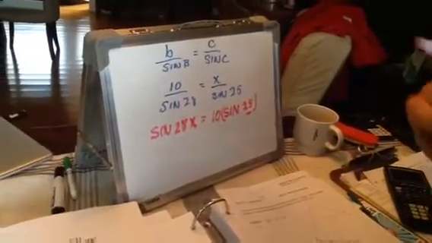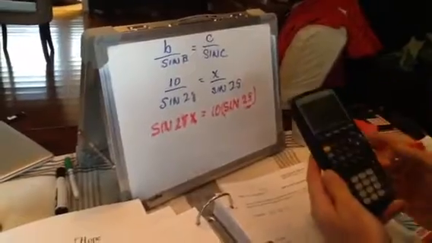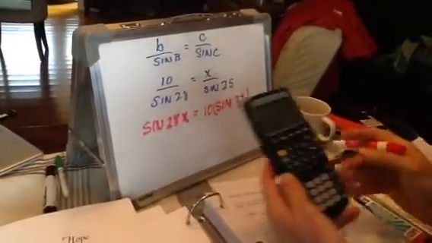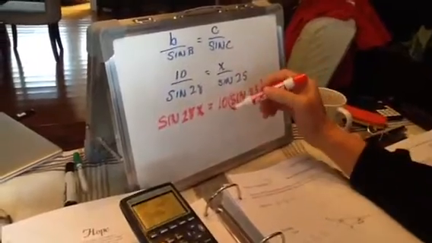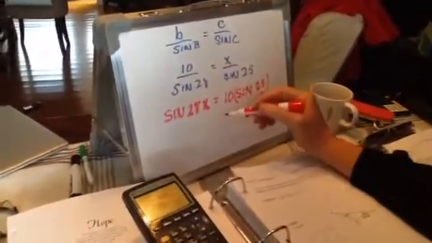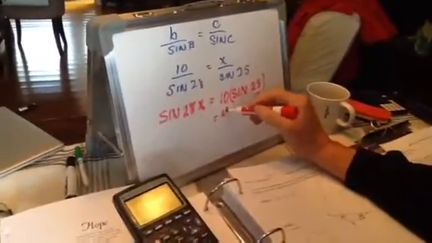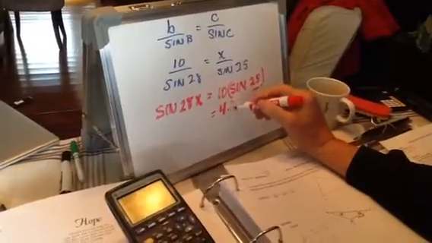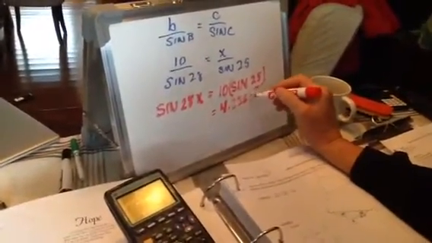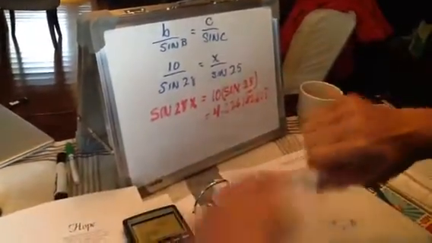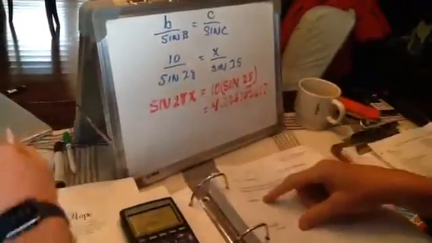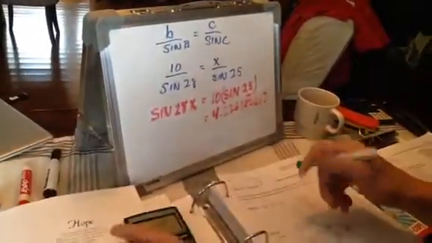Now, we're not going to be showing as much work here today. When I multiply 10 times sine of 25, just to make sure your calculator is correct, you should get 4.226182617. Can you read that ugly marker, Sam? Yeah. So that's what you should have gotten in your calculator when you multiplied it.